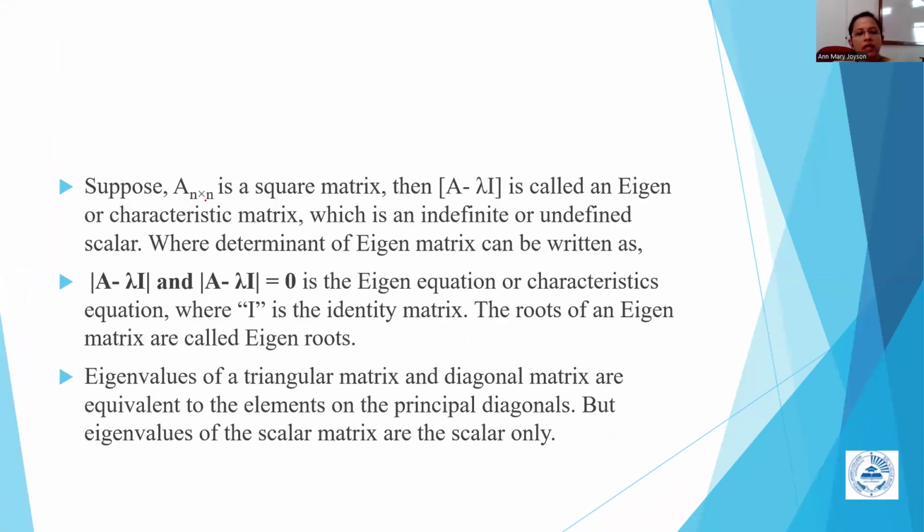Suppose A is again an n by n square matrix, then A minus lambda I is called the characteristic matrix, where lambda is an undefined scalar. The determinant of the characteristic matrix, written as determinant A minus lambda I equal to 0, is called the characteristic equation, where I is called the identity matrix.